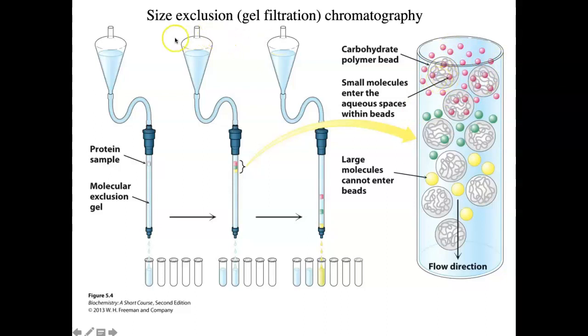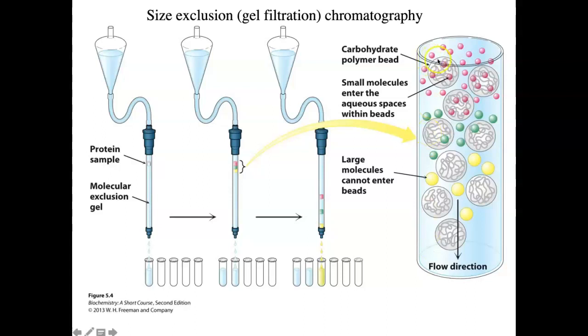So the name size exclusion is probably more appropriate, because large proteins will be too large to fit into these channels, and they'll travel around the beads and come out first. So large molecules do not enter the beads and travel around them. They are excluded because they're too large.